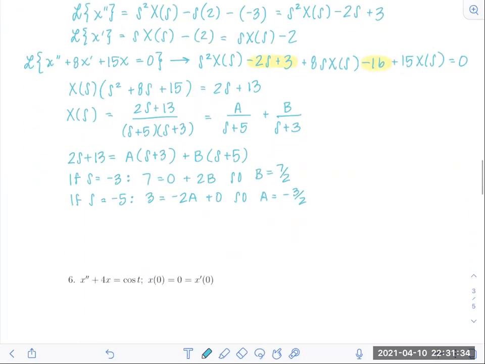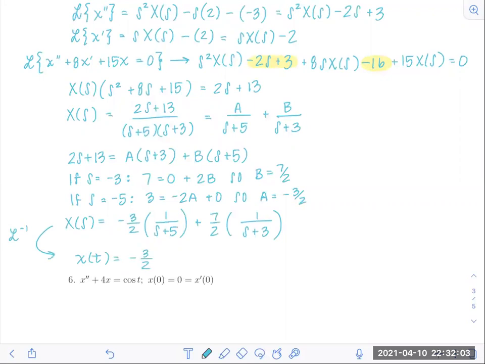So if I plug that back into my X of s equation, I'm going to write this as -3 halves times 1 over s plus 5, plus 7 halves times 1 over s plus 3. And so now I would like to take the inverse transform of this, and that's going to leave me with my final answer.